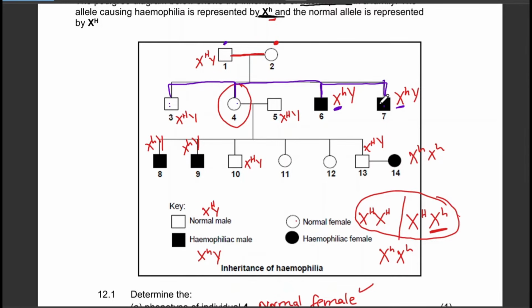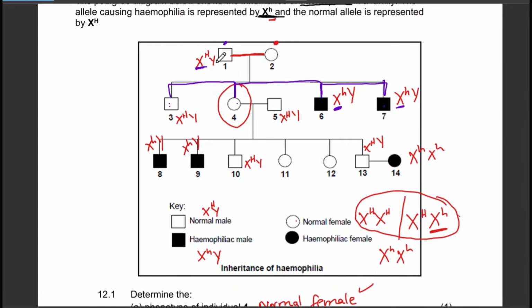Now, when we look at inheritance, a male will inherit either an X chromosome or a Y chromosome from the father, and only the X chromosome from the mother. In this particular case, this male is not hemophilic, so it's not possible that these offspring inherited this X chromosome with the normal allele, because they will not have anything to do with it.